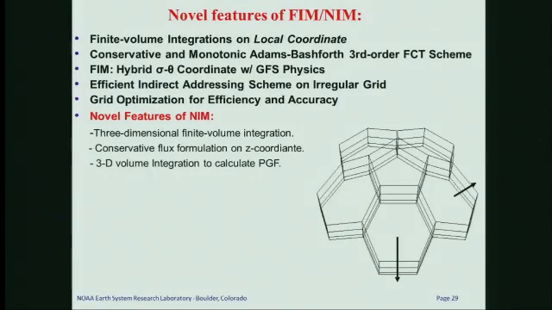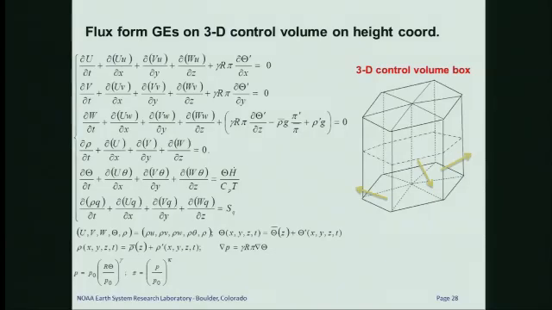In order for the control volume to sit on the mountain, we have to make this a triangle grid inside. So this triangle grid allows us to sit on any shape of mountain. But in the horizontal integration, we do the regular hexagon finite volume integration.